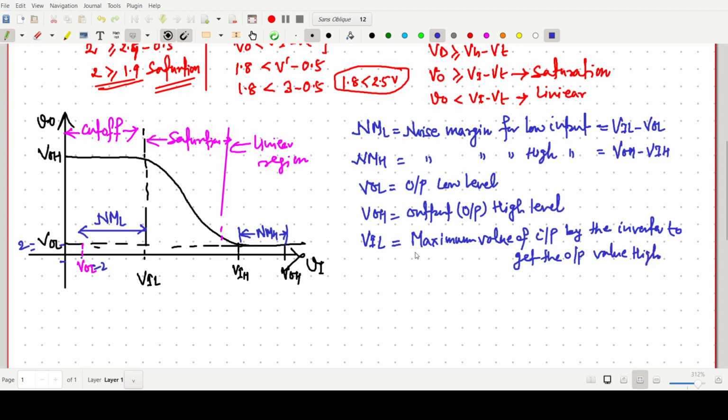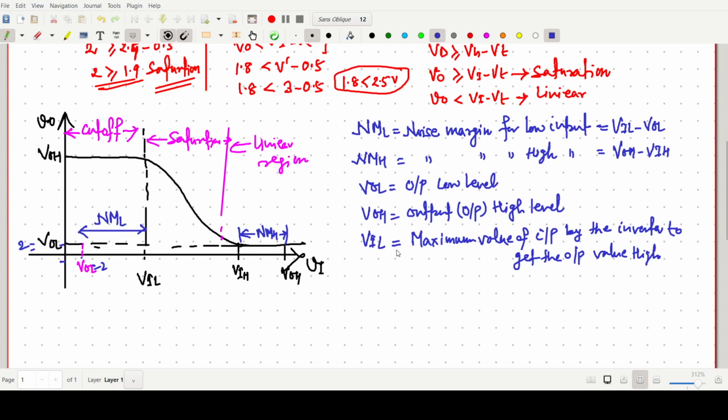Okay, VIL means the maximum value of input. If we give any value in between, it will contain the maximum output value, or we can say it is the maximum input given to the inverter as a logic 0.